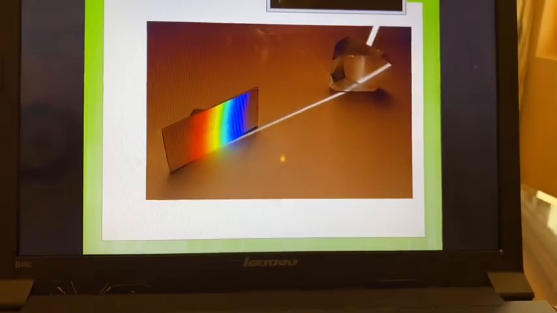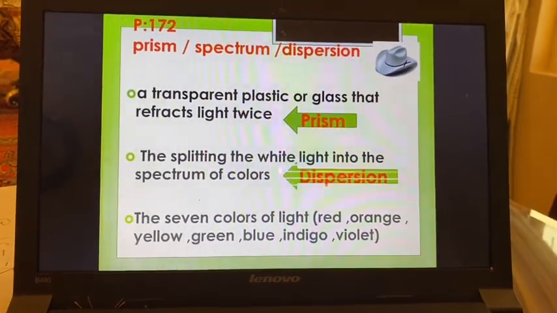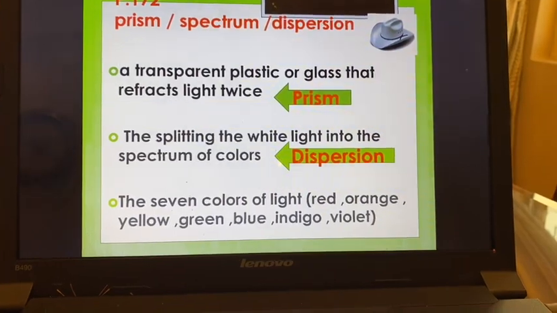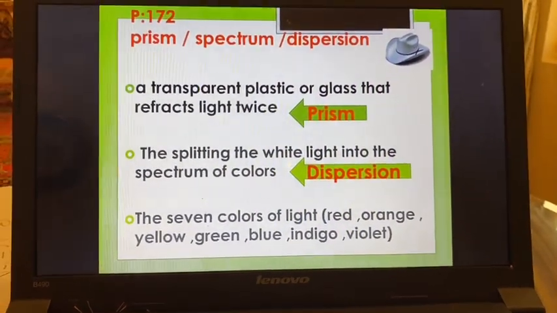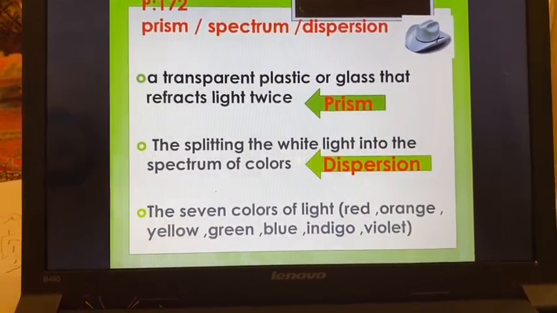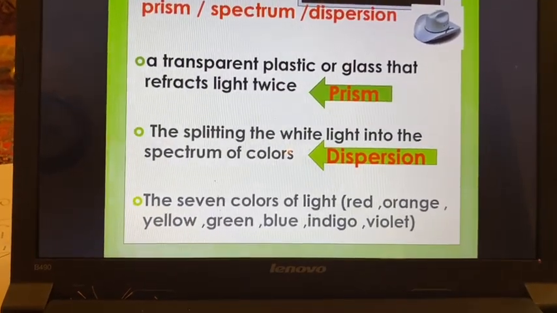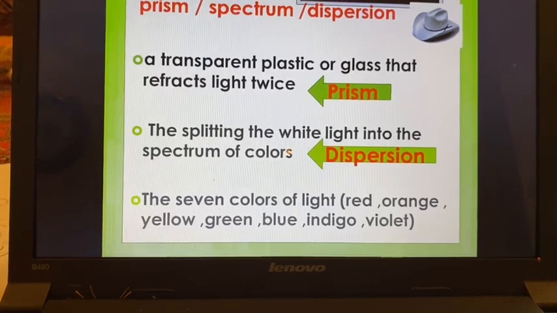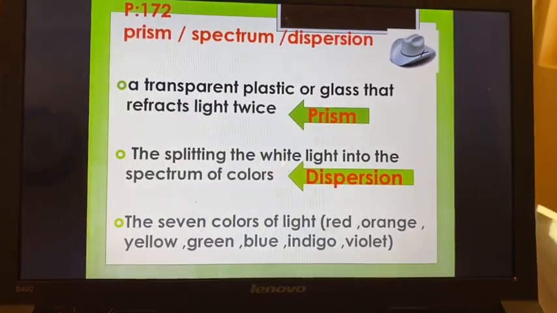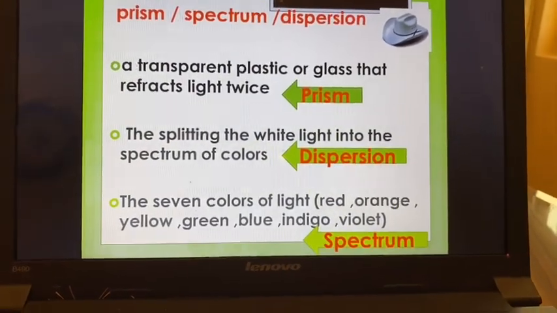This splitting, what is it called in science? We call it dispersion. Dispersion. The splitting of light into 7 constituents, the 7 colors, what are they called? Red, yellow, orange, and so on. These 7 colors in science, we call them spectrum.